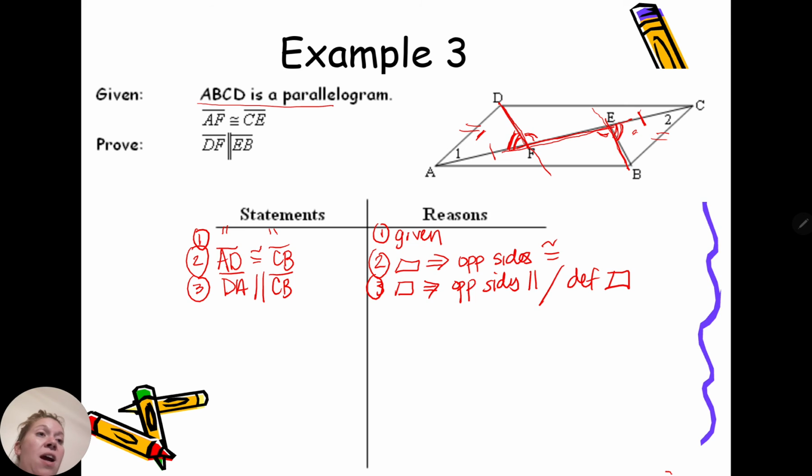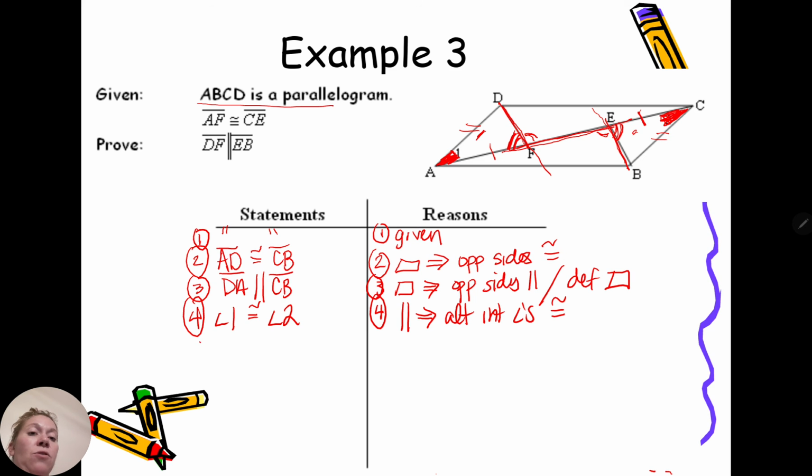If those are parallel lines, angle 1 is congruent to angle 2 by CPCTC, or sorry, alternate interior angles. Jumping ahead of myself. Don't do that, Mrs. Callis. Angle 1 is congruent to angle 2. Parallel lines means alternate interior angles are congruent.